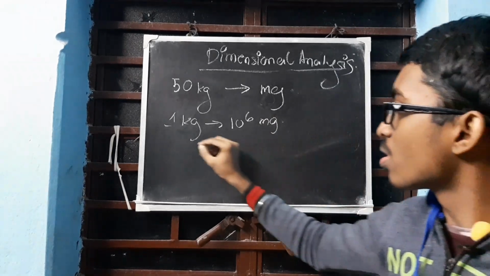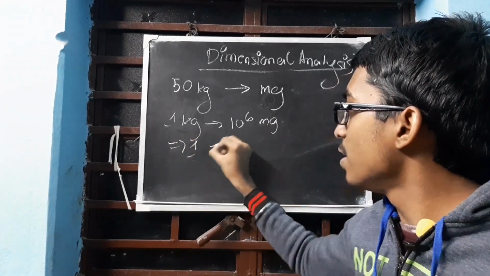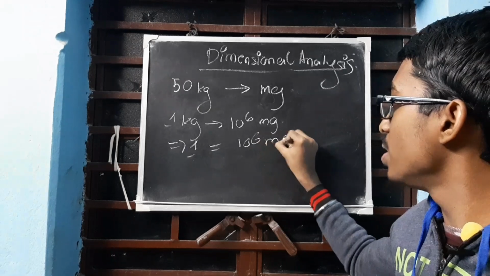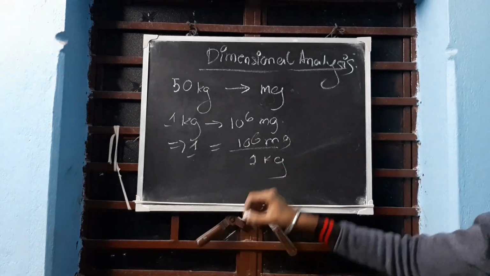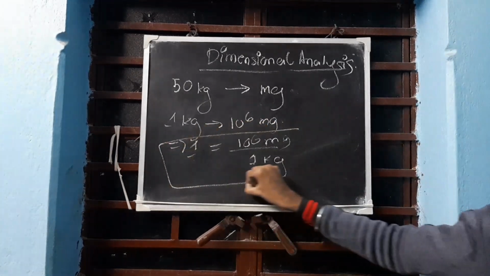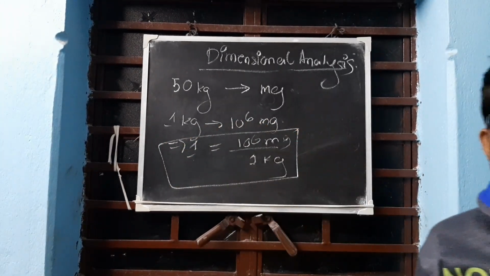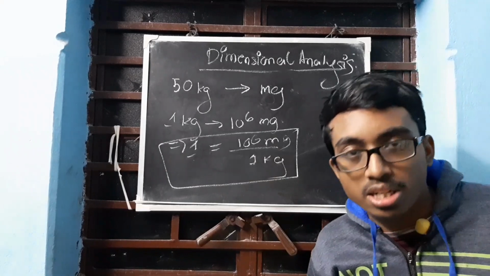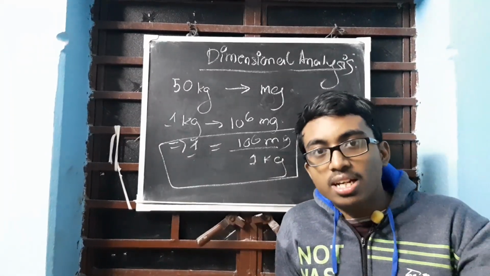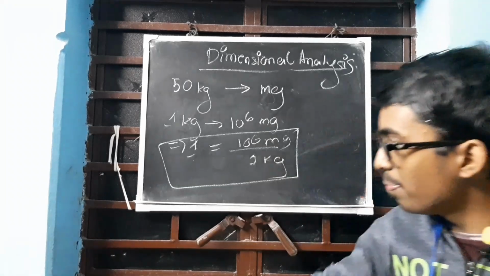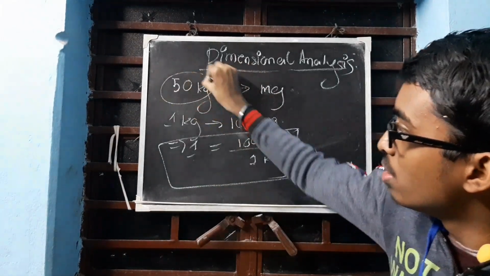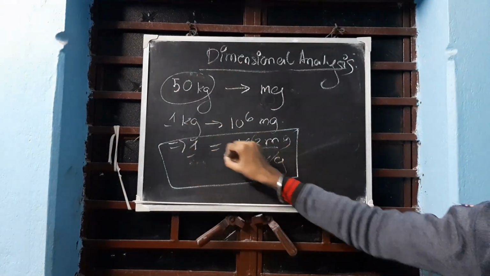Now, 1 equals 10 to the power 6 milligram divided by 1 kg. Can I write it? This particular step is an important step if you are doing dimensional analysis. This is called the conversion factor. Now in place of 1, you will write this value. If you put this value, you find kg and kg will cancel out.